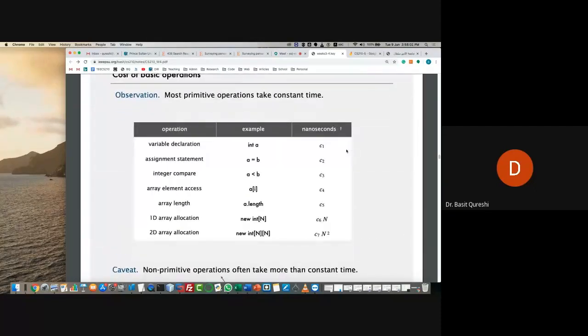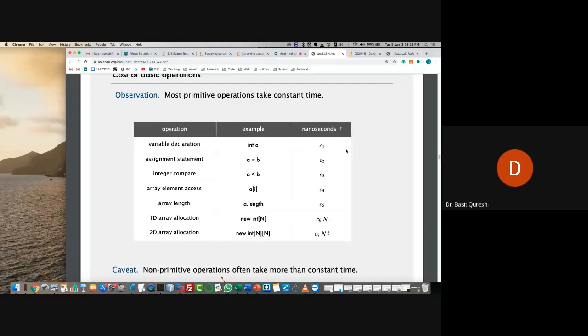Now, there's something which is very important. Fetching something from the memory may take more time. Let's assume that declaring a variable, of course, is going to take some memory, and let's assume it takes some constant time C1.